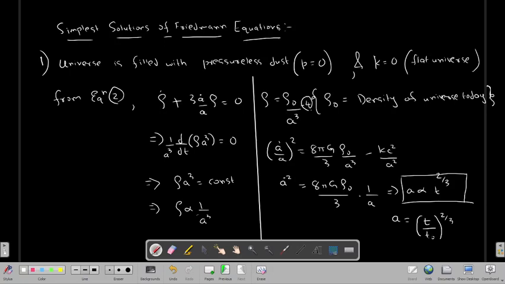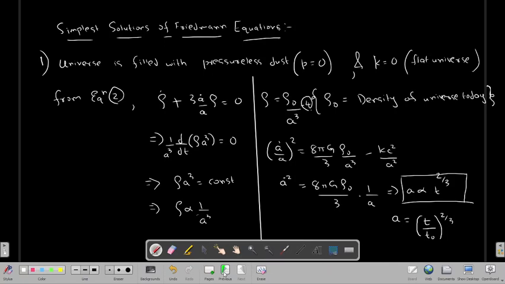Again, t with the subscript 0 basically means the time of the universe today, basically the age of the universe. So this is again a very important result, that a is equal to (t by t0) raised to power 2 by 3.